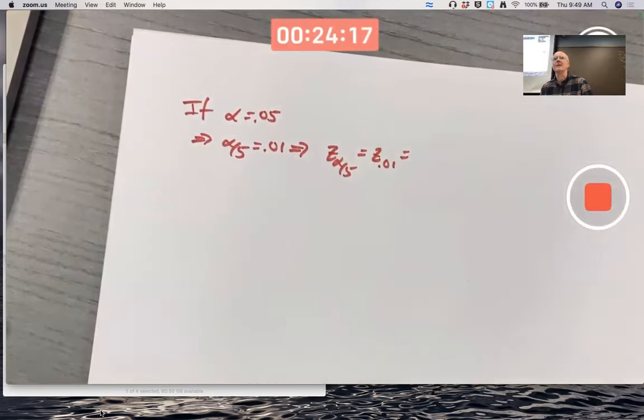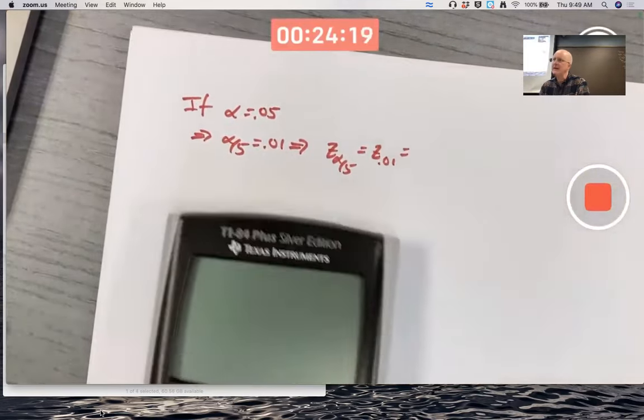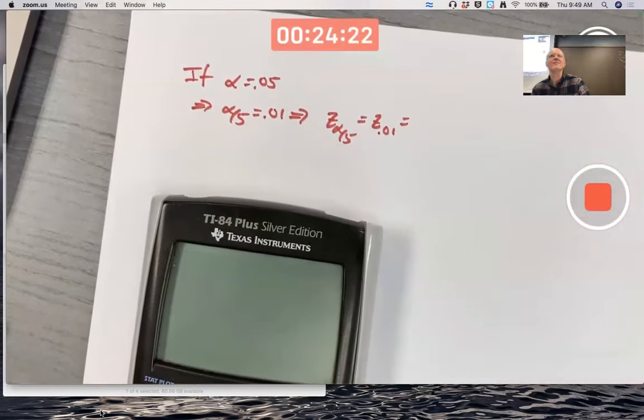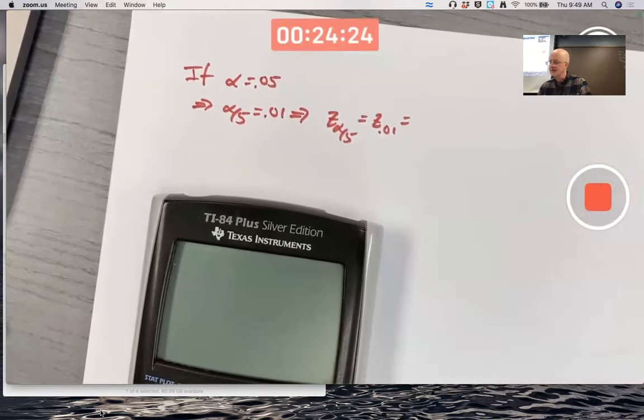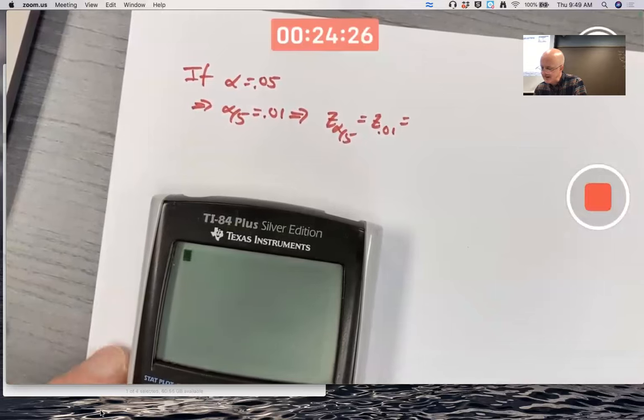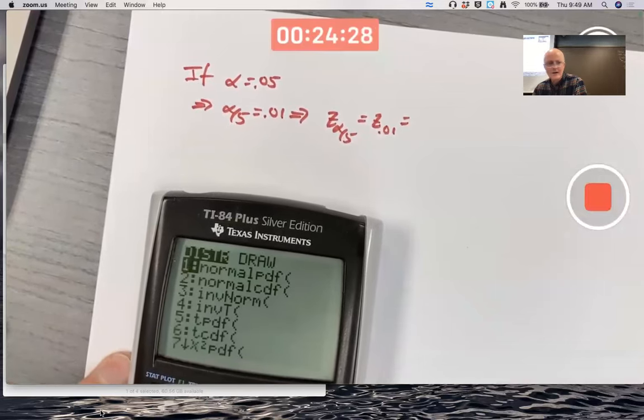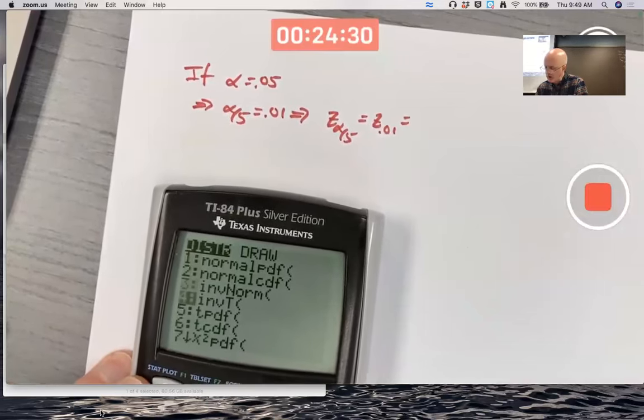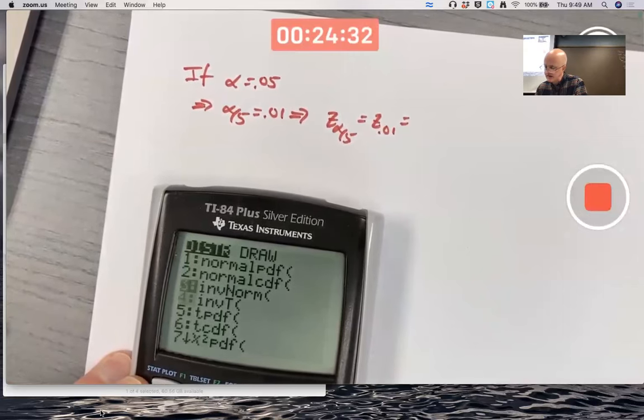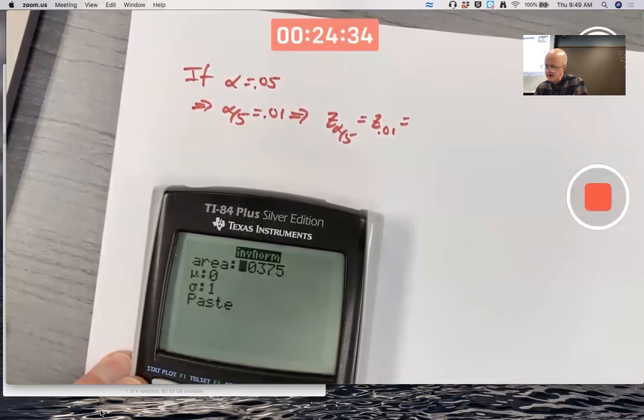Oh, forgetting what that one is. Well, let's just compute it. Use inv norm. Area 0.99.